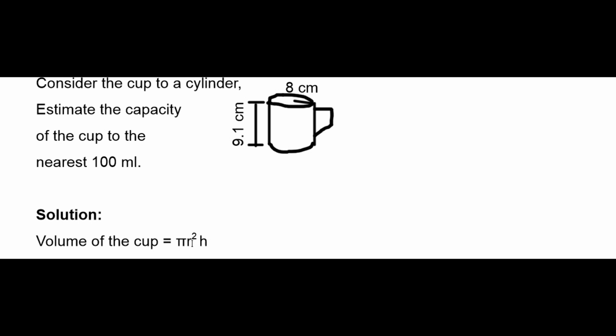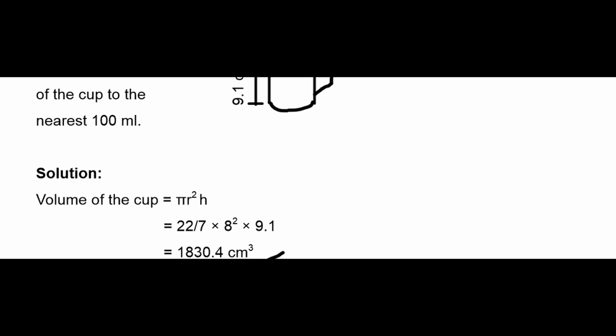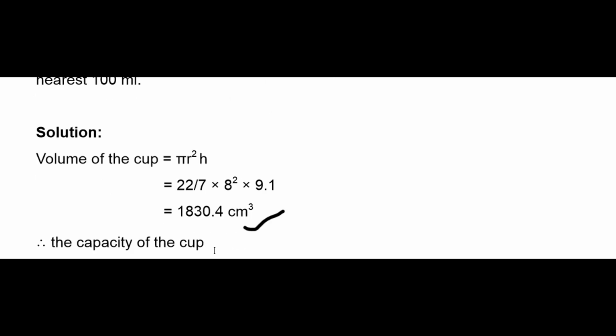This is the volume of a cylinder. If we substitute into the formula for the volume, we will have 1830.4 cm cube.